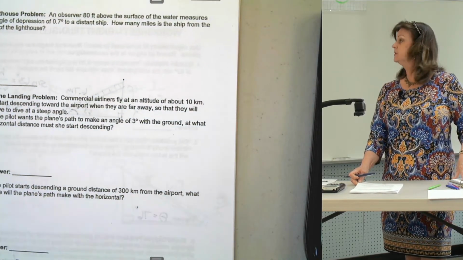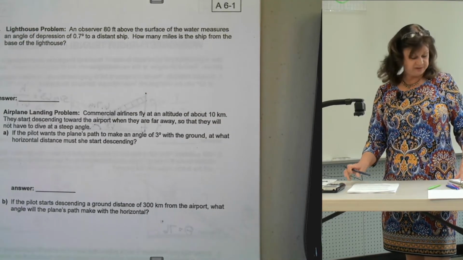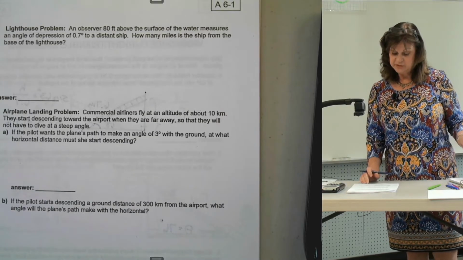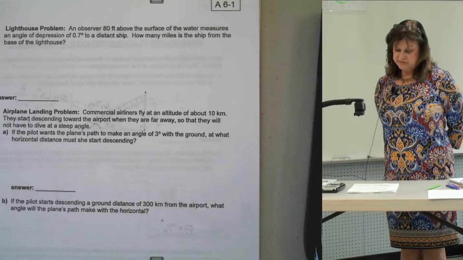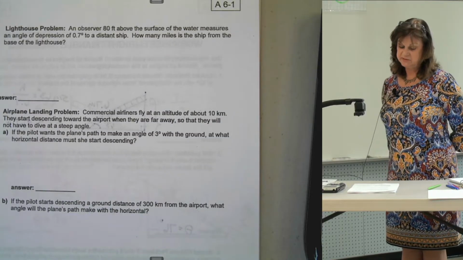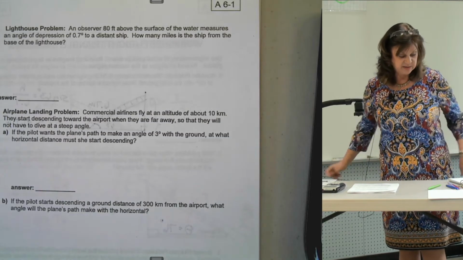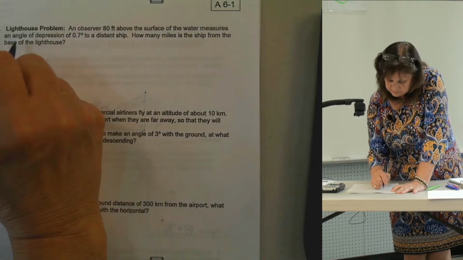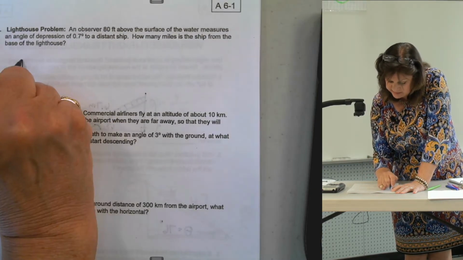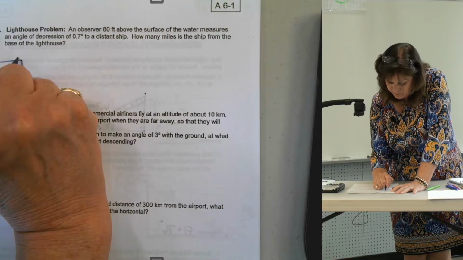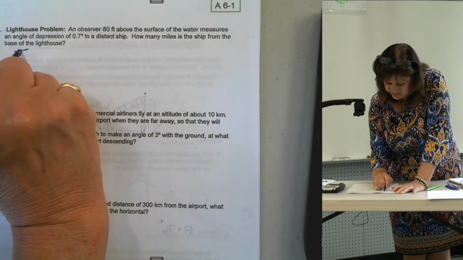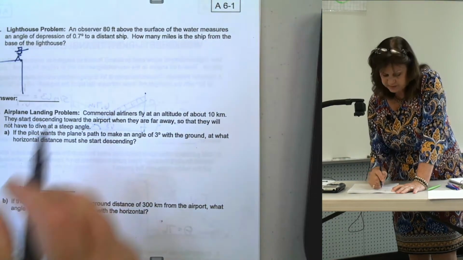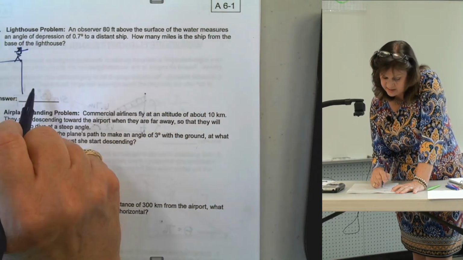Let's look at problem 4. An observer 80 feet above the surface of the water measures an angle of depression 0.7 degrees to a distant ship. How many miles is the ship from the base of the lighthouse? So I've got a guy standing up here. I think it's the same guy that was the surveyor. Got a little broader brim of a hat this time.